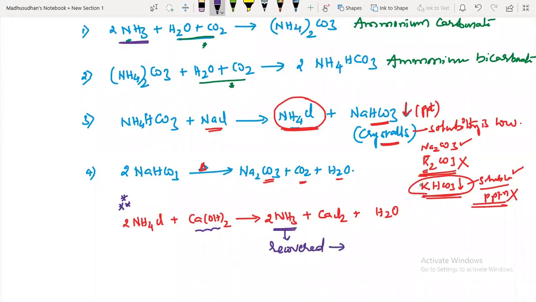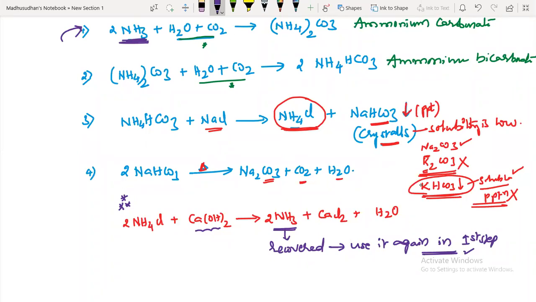This recovered ammonia, you can use again in the first step. This is how industry people will recover the ammonia, and again it will be injected into the first step. So that is your main reactant in the first step, right?